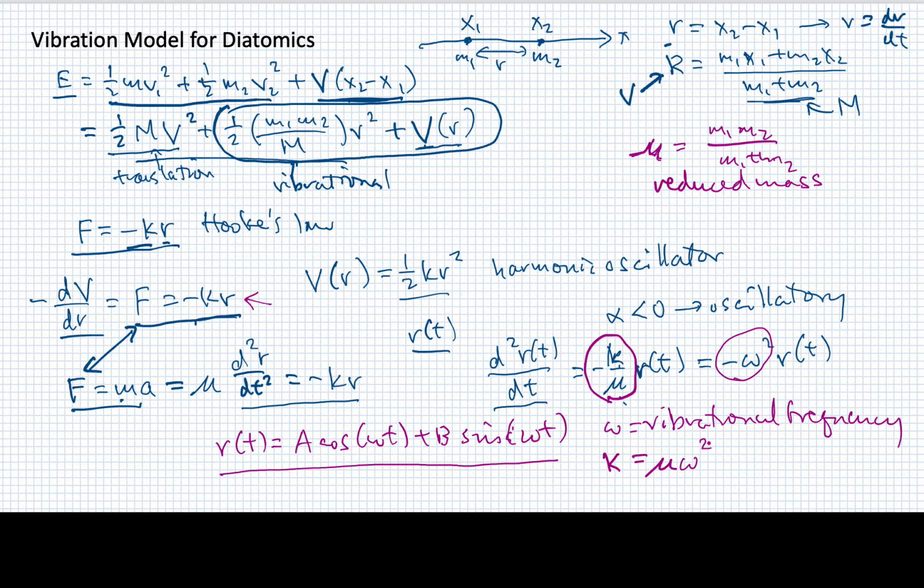Our total energy, remember, was just written up here as 1/2 mu times v squared plus the potential. Well, now the potential can be written as 1/2 mu omega squared r squared. This is a capital V, to make that clear.